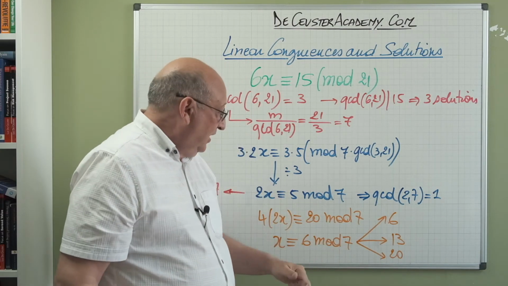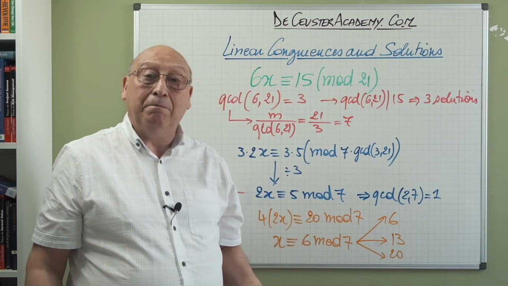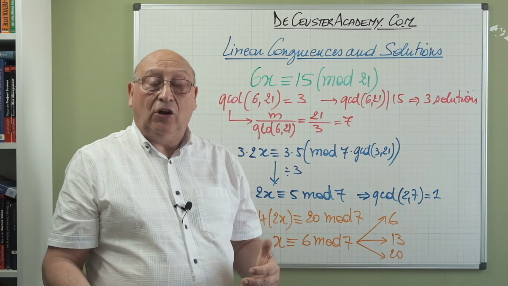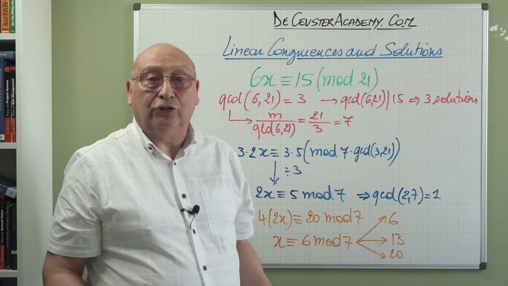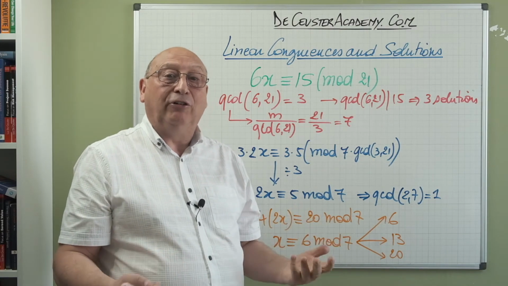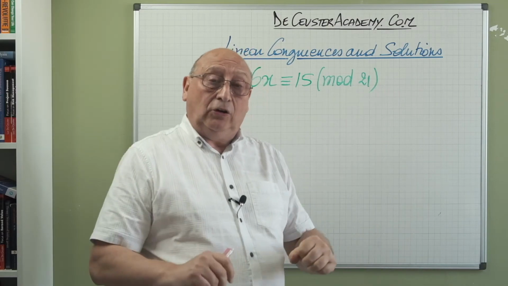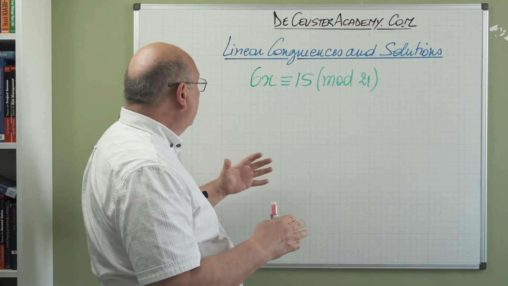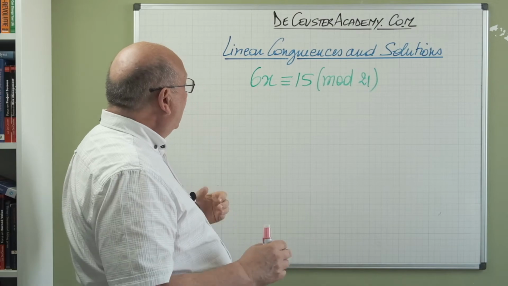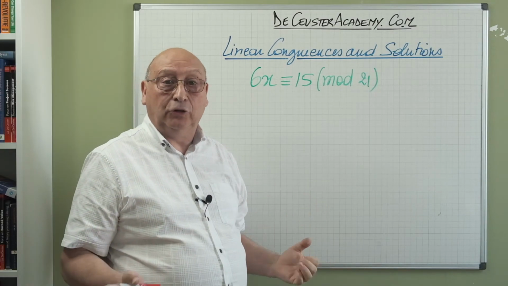So we see that after the third number here, we see a repetition of those numbers. But let's now have a look at a different way to resolve this equation. Let's now do the same linear congruence and try to find it in a different way.